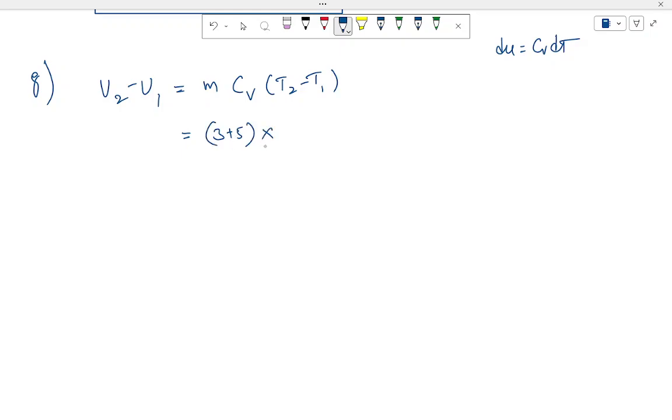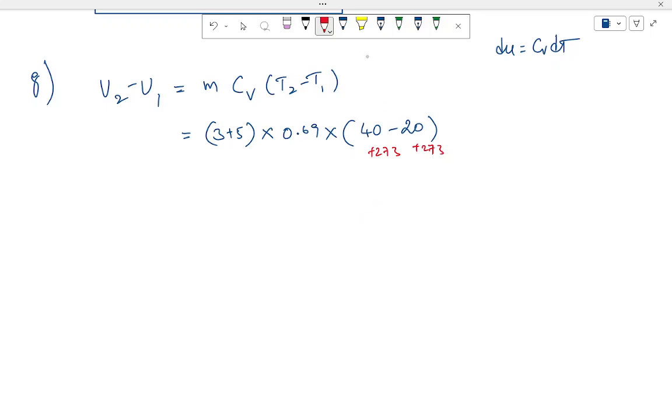Into the Cv value we just found in the previous question, 0.69, and then T2 is given as 40 degrees and T1 is given as 20 degrees. You can add plus 273 here, but on the other side you have minus 273, so both will cancel. So whether you substitute in Kelvin or degree centigrade doesn't make any difference.